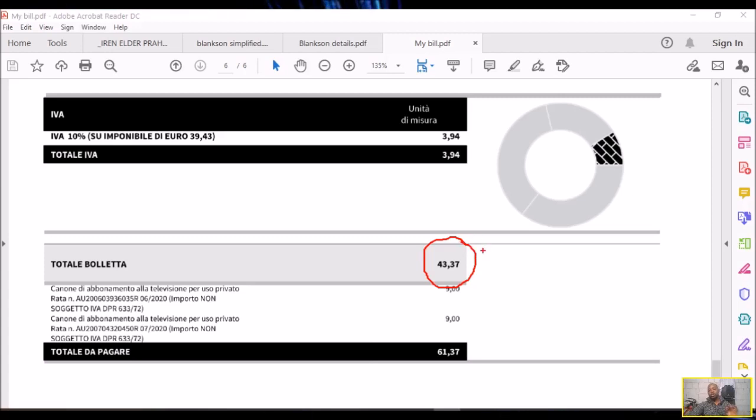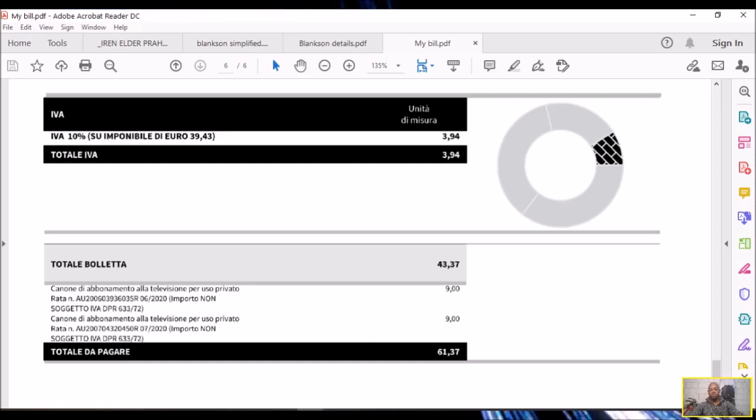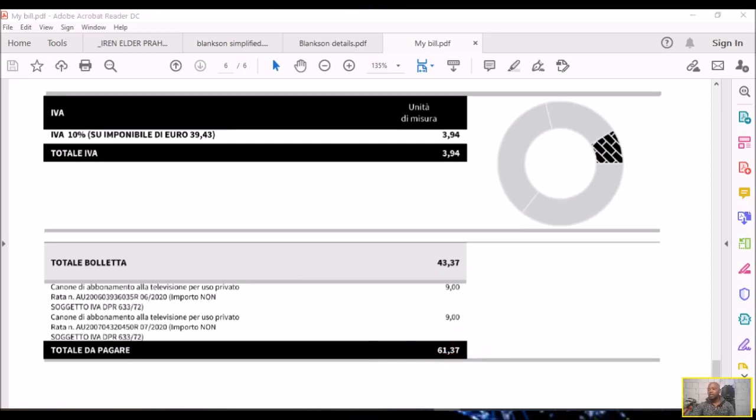That is the actual amount I paid on my electricity bill those 2 months, 43.37. And then, as I said before, I have 2 months of canone di abbonamento della televisione. Every month is €9, so 2 months is €18. 18 plus 43.37 is what gives you 61.37. So at the end of the day, this is all what explains your bill.